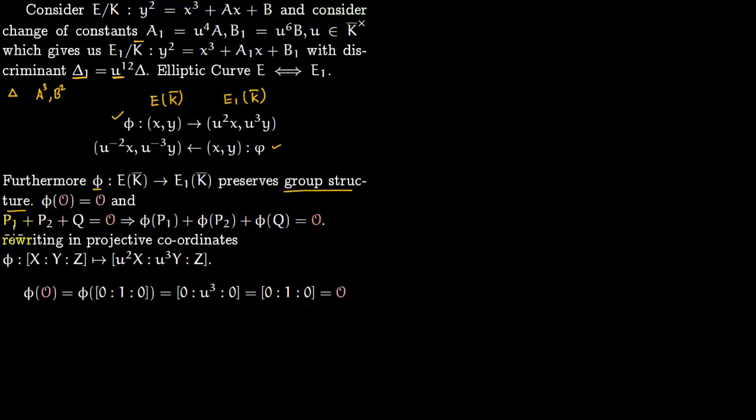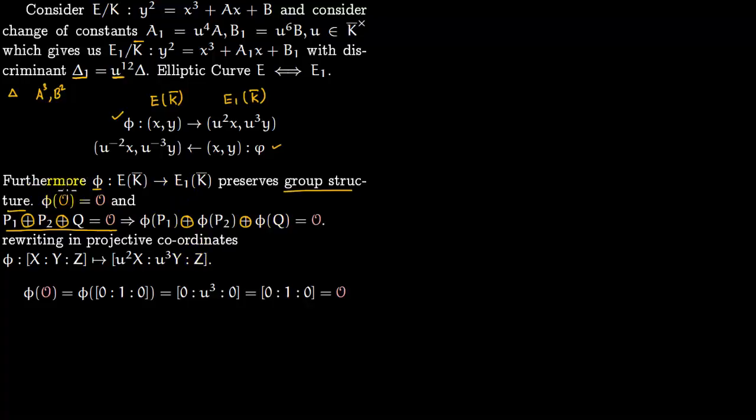Lying on a straight line meant this in the group law: P1 + P2 + Q = O, then phi(P1) + phi(P2) + phi(Q) = O. This is the symbol we are using for addition of points on the elliptic curve, so here we are just writing plus. So if these three points are collinear, then their images are also collinear. This we have to show.